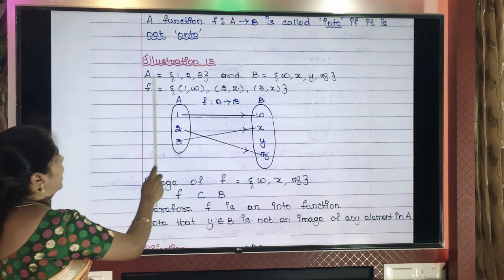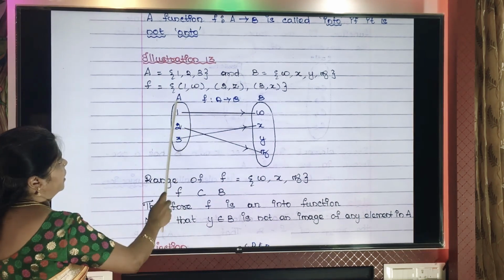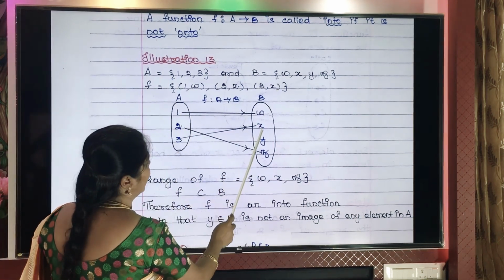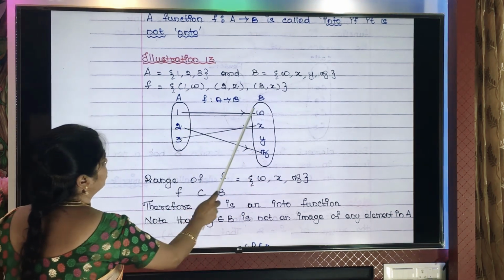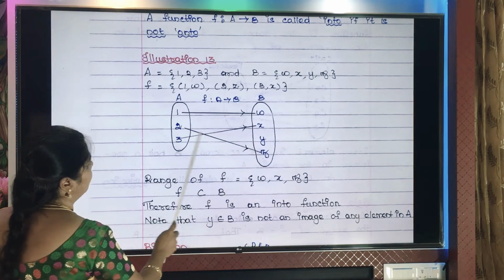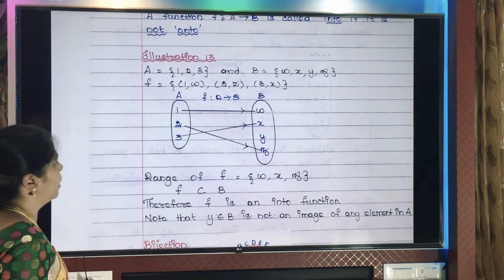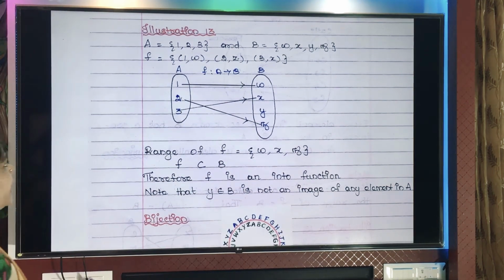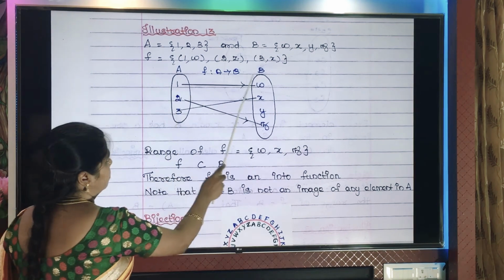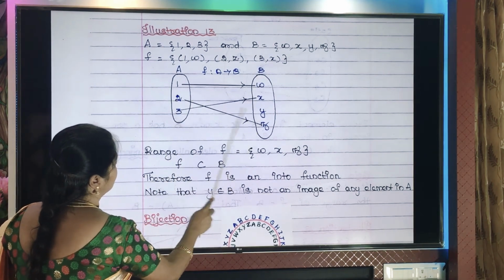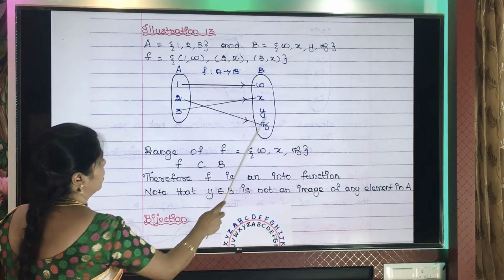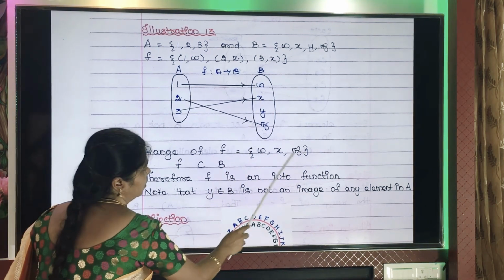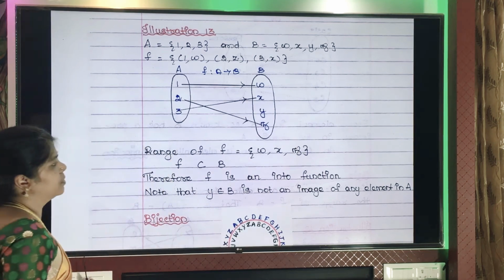Next illustration. Again, set A you can write 1, 2, 3, and set B you can write W, X, Y and Z. According to the given collection, 1 goes to W, 2 to Z, 3 to X. When I want to write the range, I will write W, X, Z. These three only will be included in my range.